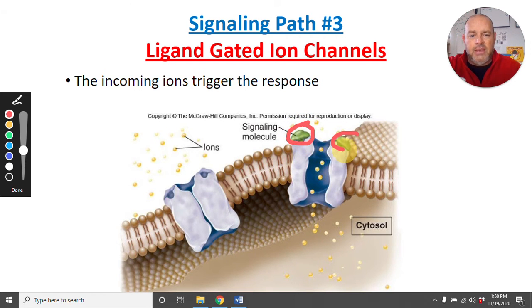If they come and bind to those active sites, now the channel is going to open, and now ions can get through this space, and all the little yellow ions here are able to travel from the outside of the cell to the inside of the cell. So, ligand-gated ion channel. Ligand-gated because you have to have the particular ligand to open the gate, and it's for ions to get through, small molecules to get through.